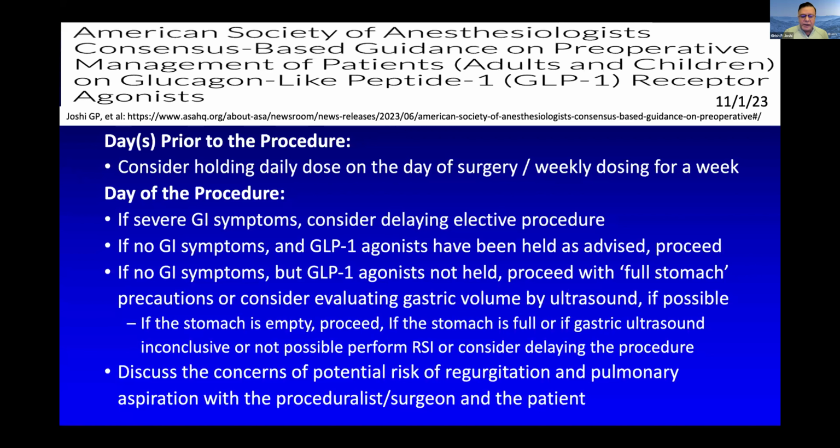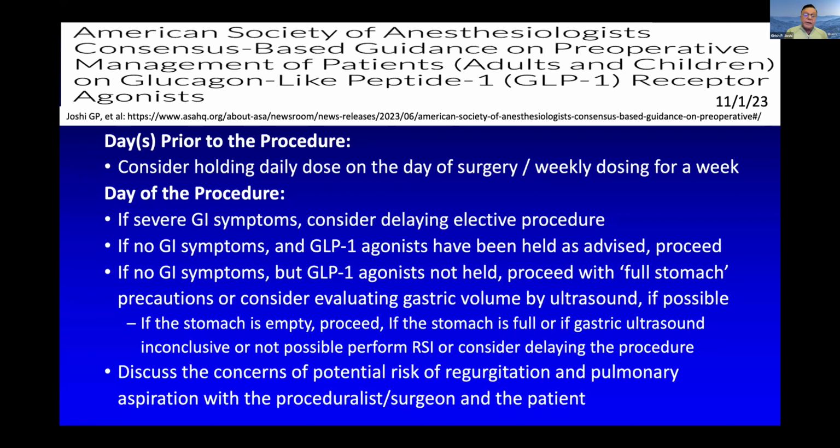As we stated clearly in our guidelines, the amount of literature is sparse as well as questionable. Nevertheless, the overall recommendation was that if the patients are on daily dosing, then they should hold the drug on the day of the surgery. And if they're on weekly dosing, they should hold the GLPs for a week.